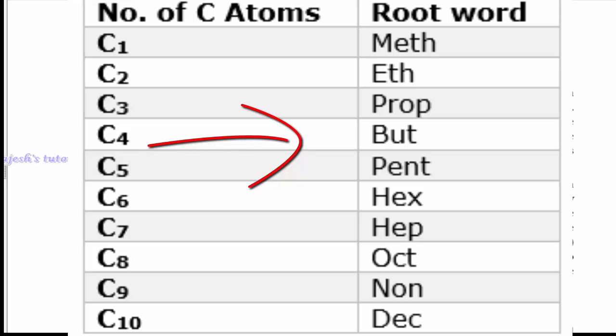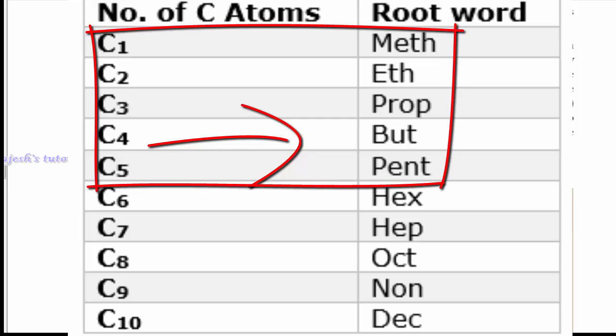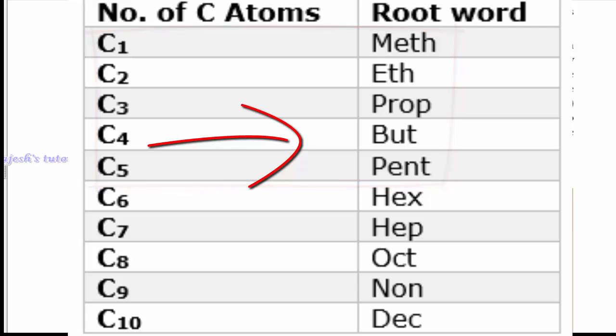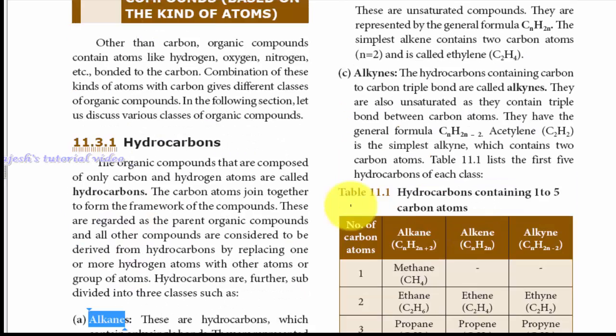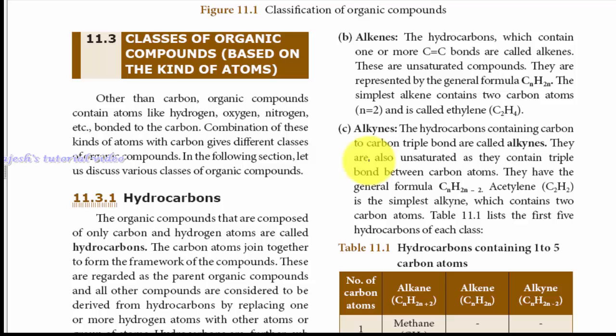If it is 2, eth; 3, prop; 4, but; 5, pent; 6, hex; 7, hept; 8, oct; 9, non; 10, dec. But we are going to learn about the first 5 hydrocarbons. Based on these root words, the hydrocarbons are given names. Then coming to the different classes of hydrocarbons, you have 3 classes: alkanes, alkenes and alkynes.